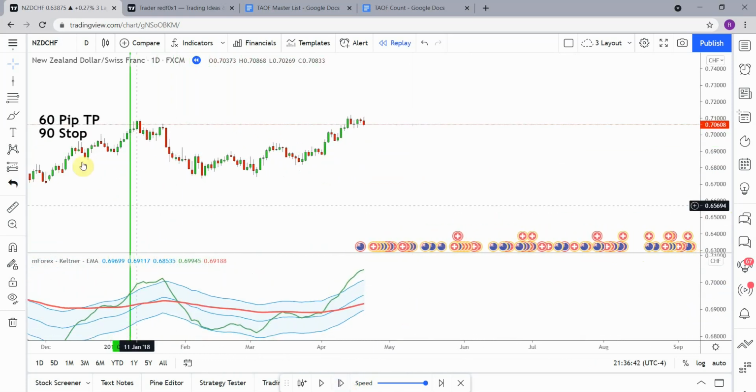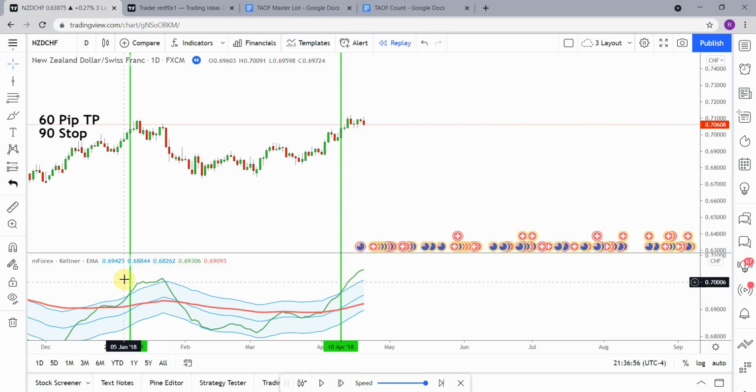Alright, we got a break to the upside. Let's just double check our coordinates over here. You can see as I hover over the candle, it looks like the first number is going to be the top band, the middle number is going to be the middle band, and the last number is going to be the lower band.